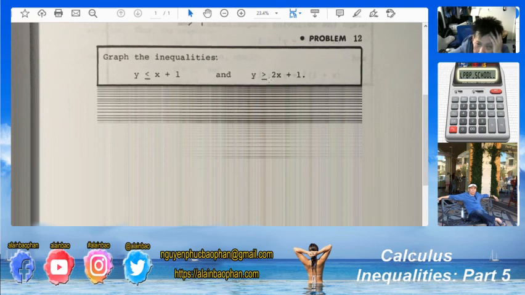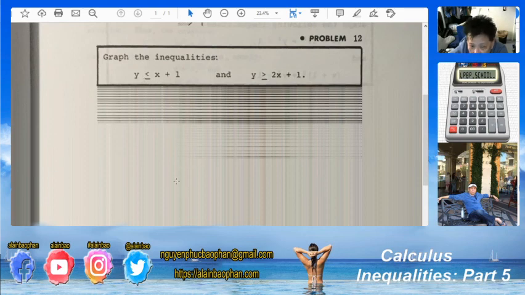So the solution of this inequality is this part right here, the other side of the straight line. We have the solution of this second inequality and the solution of the first inequality.